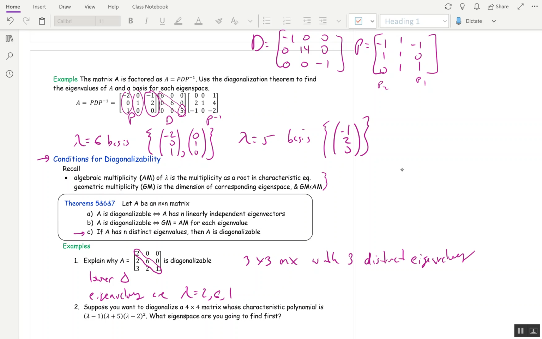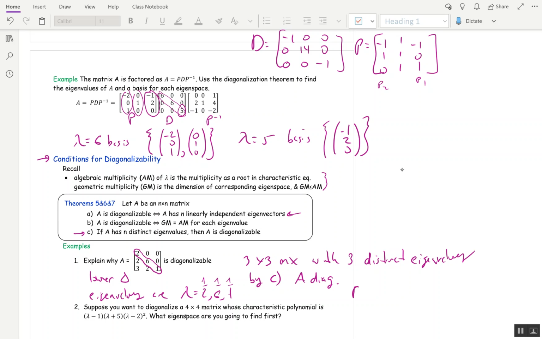So by part C, A is diagonalizable. And the reason for that is when we go ahead and find a basis for the eigenspace for lambda equals 2, 6, and 1, we're going to get one vector for this guy, one vector for that guy, and one vector for this guy. And we'll see that we have 3 linearly independent eigenvectors.